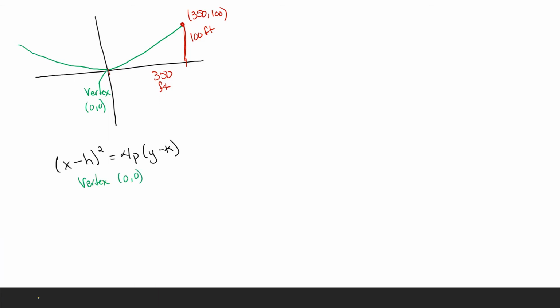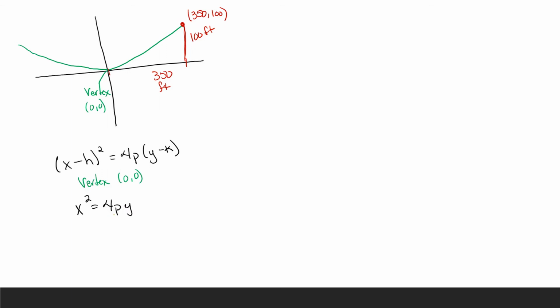Since the vertex is at (0, 0), your equation of this parabola is going to look like x squared equals 4p times y. Y'all with me?